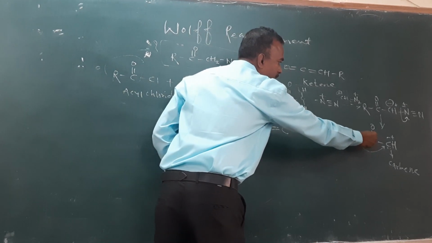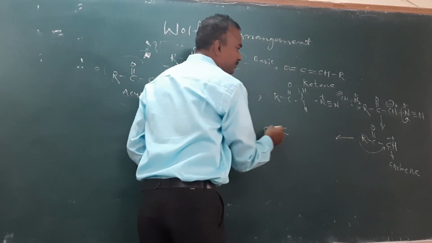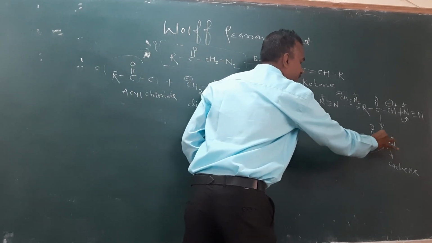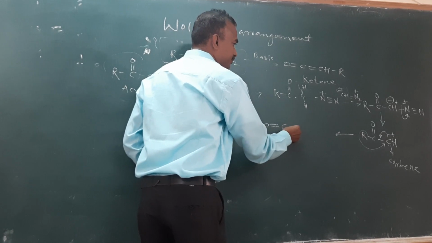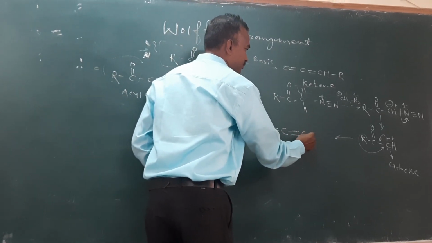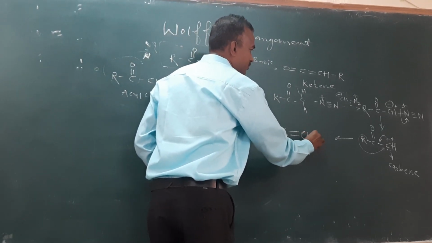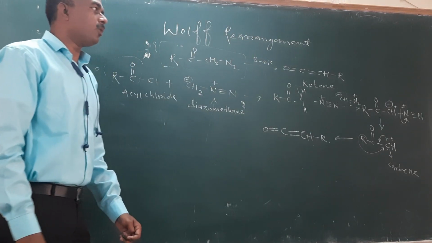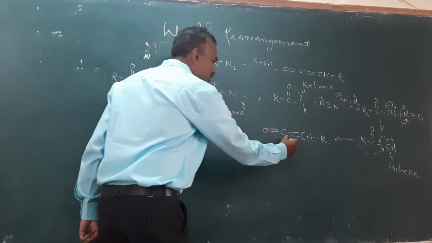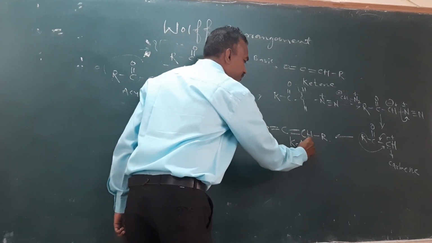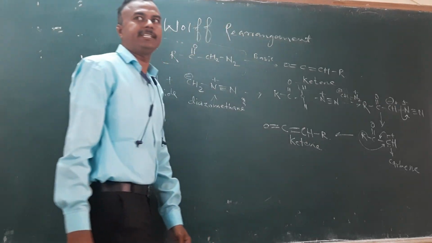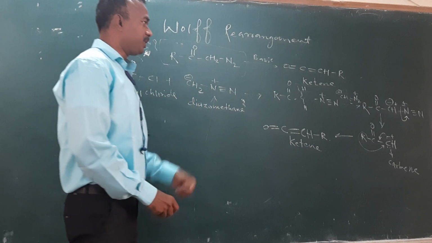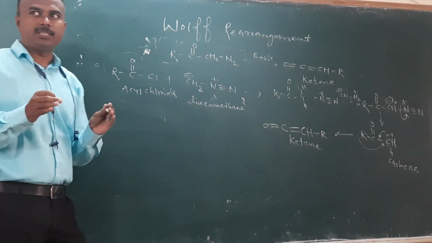So now carbon double bond oxygen. So there is formation of this intermediate. Again I will explain this one more time.